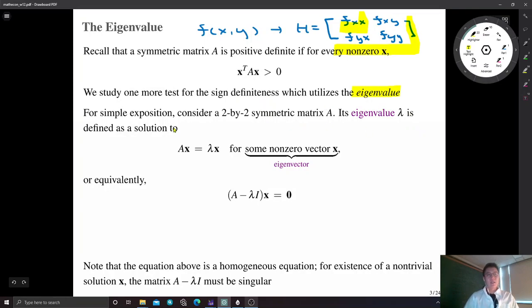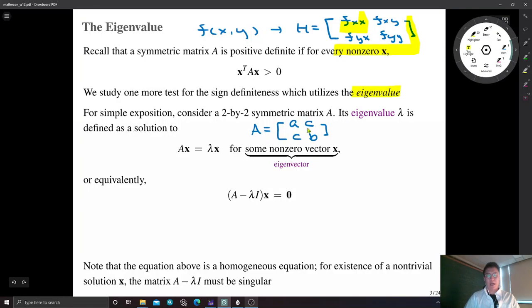In order to illustrate the eigenvalue in the simplest setting, let me work with a 2 by 2 symmetric matrix. Matrix A is given by this 2 by 2 matrix with entries A, C, C, and B. Because of the symmetry of matrix A, these two off-diagonal entries are equal to each other.